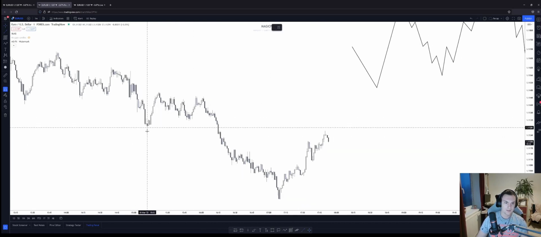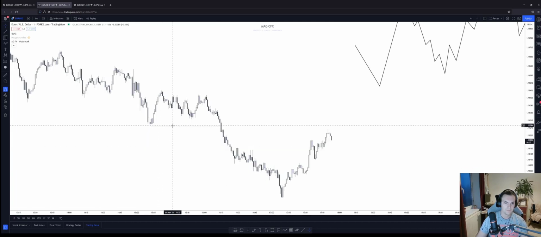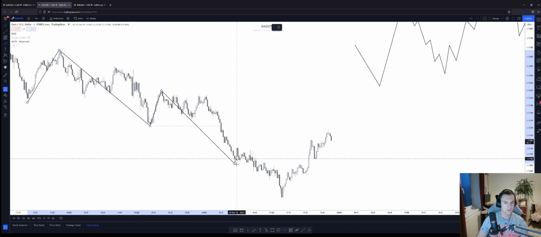So if this is structure, and yeah, so we've got structure here, high, and then that low is broken down here, and then we've got a high, and that low is broken all the way down here.